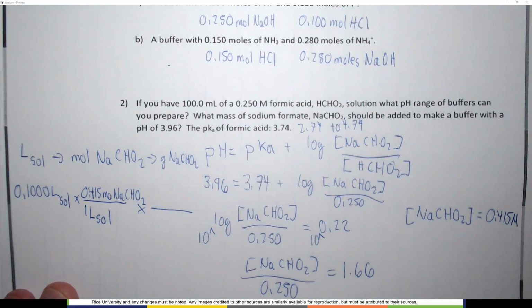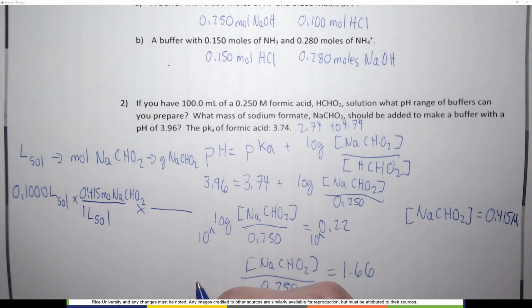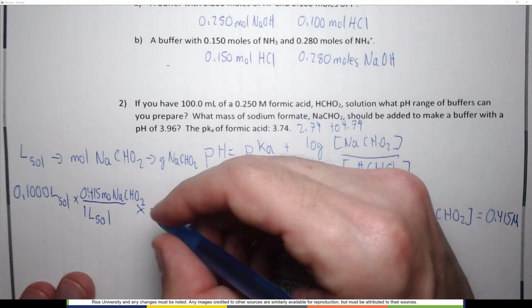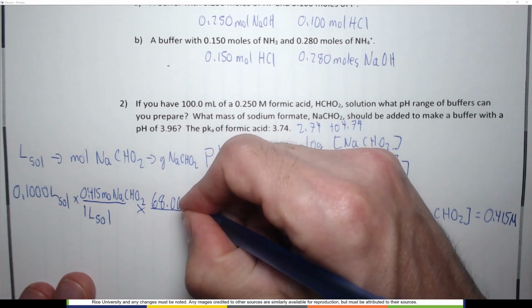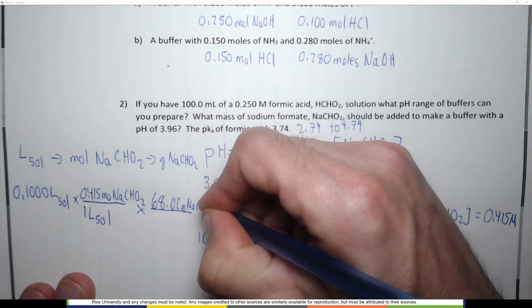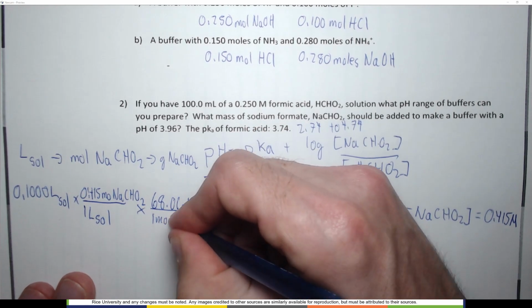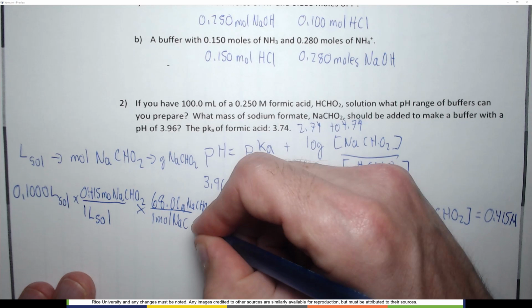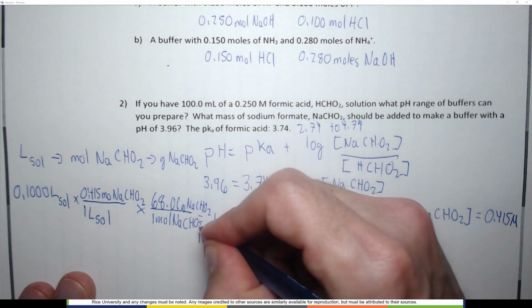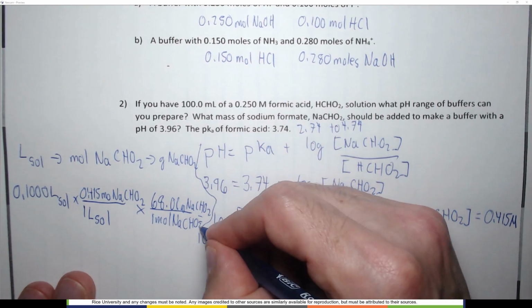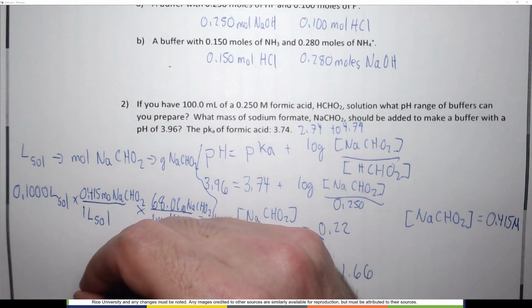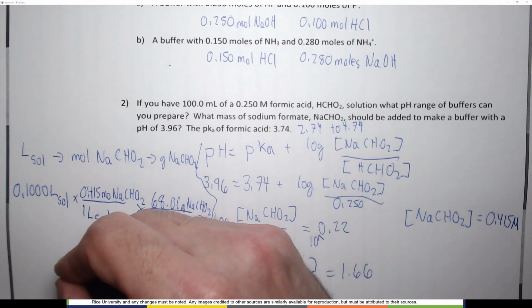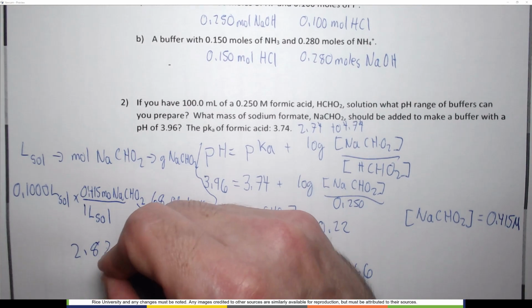Then we finally want to convert that to grams of NaCHO2, which we put 68.01 grams of NaCHO2 on the top and 1 mole of NaCHO2 on the bottom. So just the molar mass, and I understand this is getting messy here, so I'm going to just do that to divide it. And when I do that, I finally find that I will use 2.82 grams of NaCHO2.